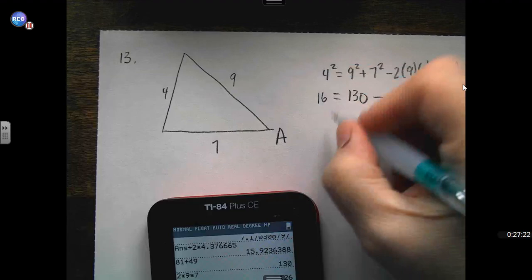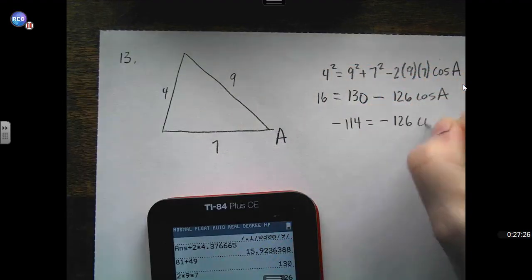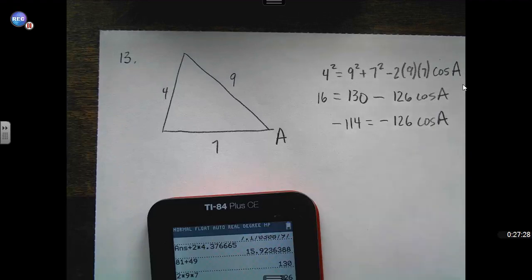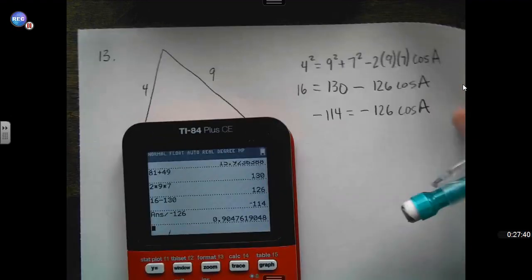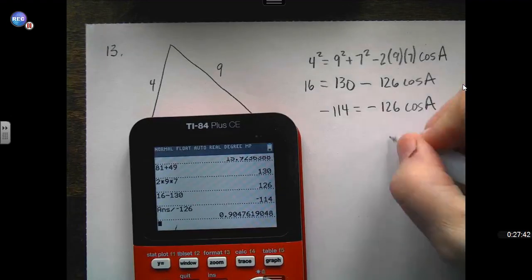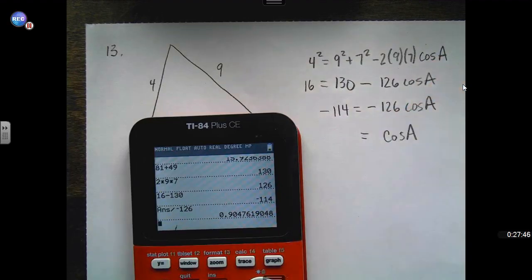I get negative 114 equals negative 126 cosine A. And so negative 114 divided by negative 126 gives me a decimal less than 1. So the cosine of A equals that decimal.